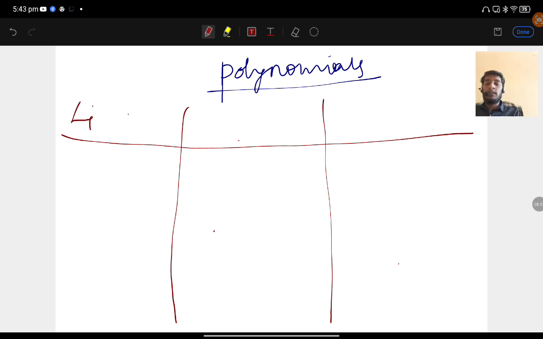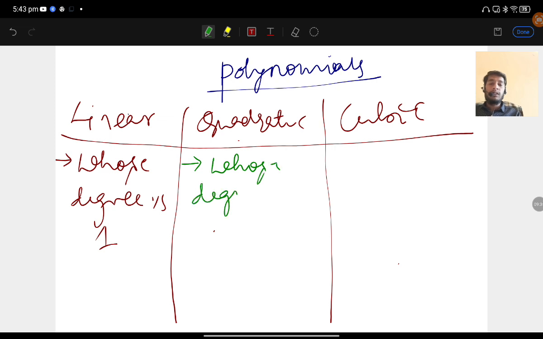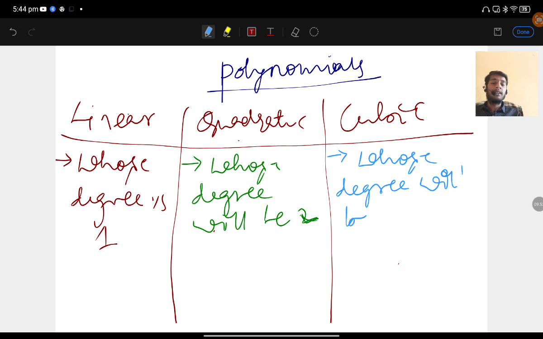This is a linear polynomial, this is a quadratic polynomial, and this one is a cubic polynomial.